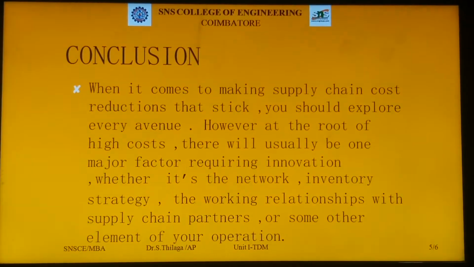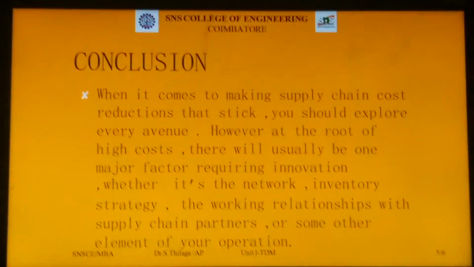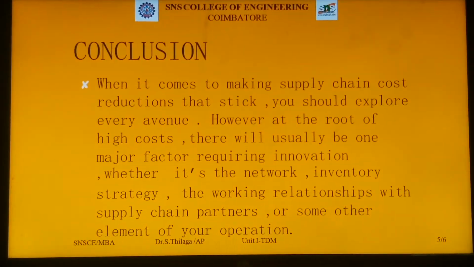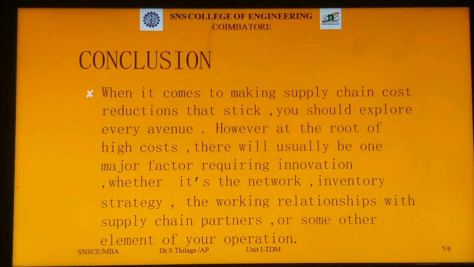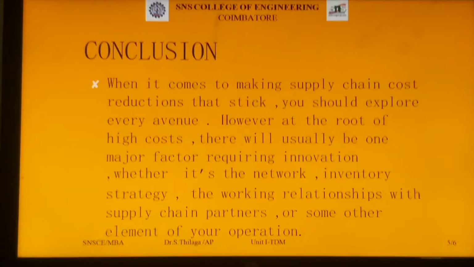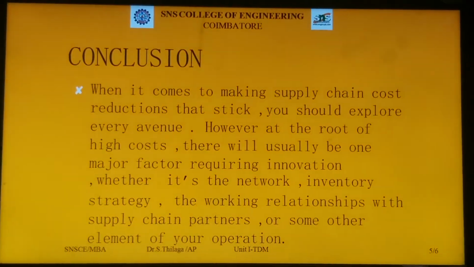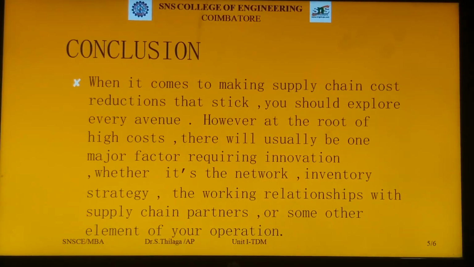Whether it's the network, inventory strategy, the working relationship with supply chain partners, or any other element related to your operations, that has to be looked into. And in incorporating your innovation strategy, you have to identify the best possible solution.